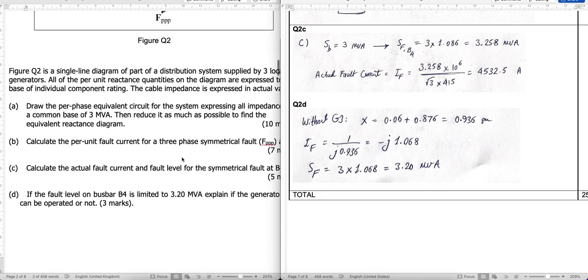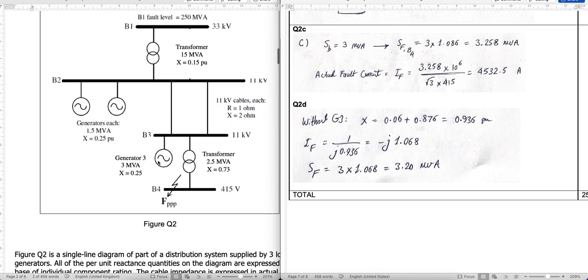So generator 3 has been already included in our calculation. So we can look at the case with generator 3 and see what the fault level is, and the case without generator 3.